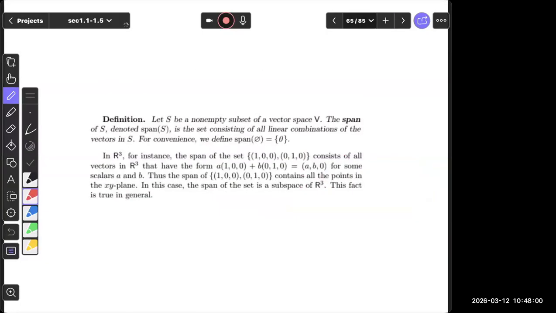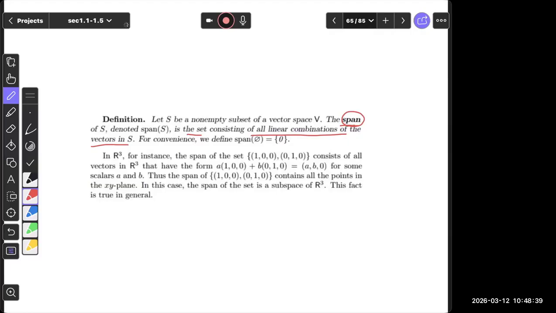Now, suppose that S is a non-empty subset of a vector space. Then the span of S represents the set of all the linear combinations of the vectors in S. So given some set S, if you collect all the possible linear combinations and define that set, then that set is called the span.